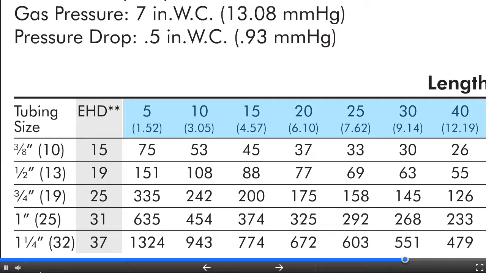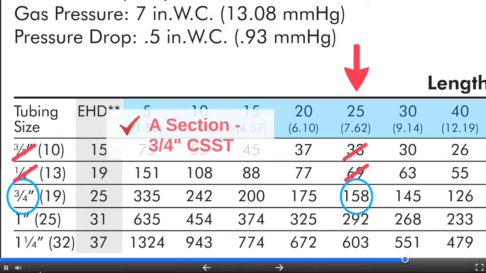Referring to table N1, the column for 25 feet of piping shows that sizes 3/8 inch and 1/2 inch are too small, and the next available size is 3/4 inch, with a maximum capacity of 158 CFH. The correct size, then, is 3/4 inch.